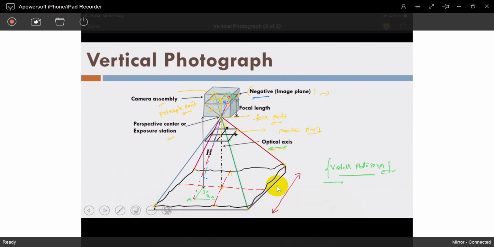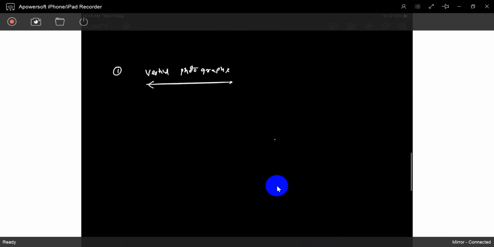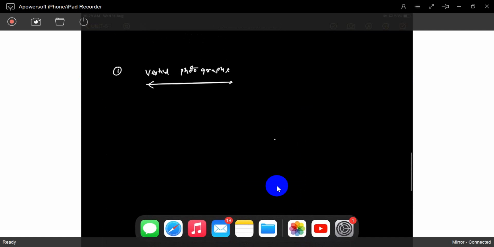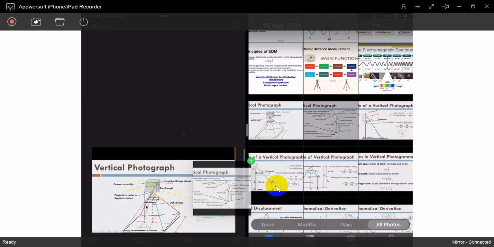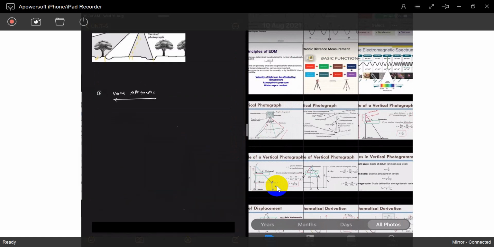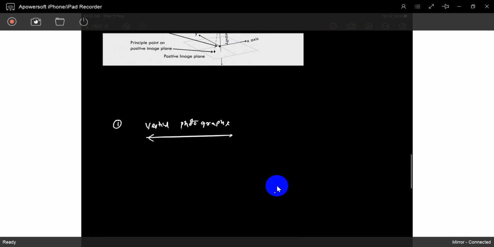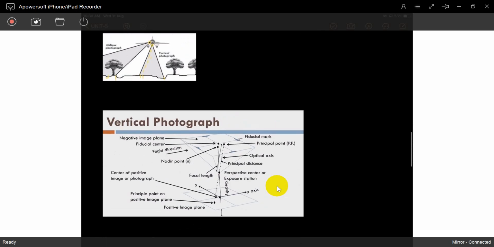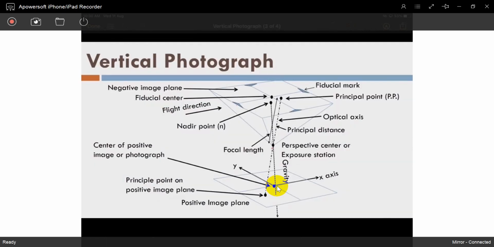That's the first photograph. Next I will take another picture. See the pictures.